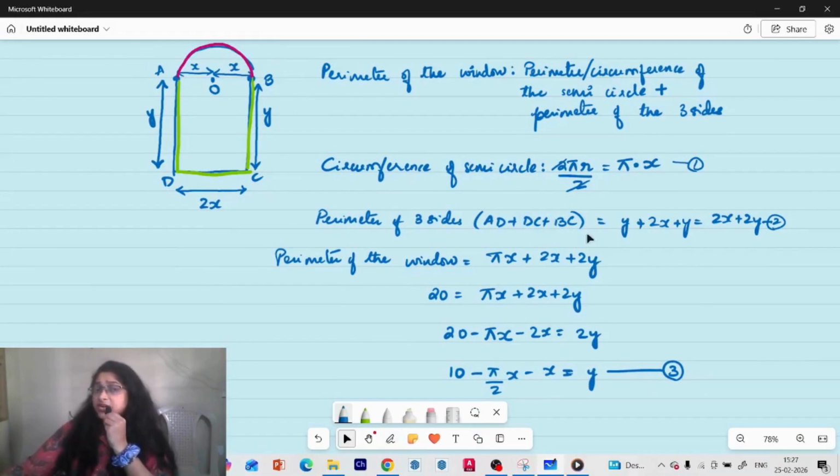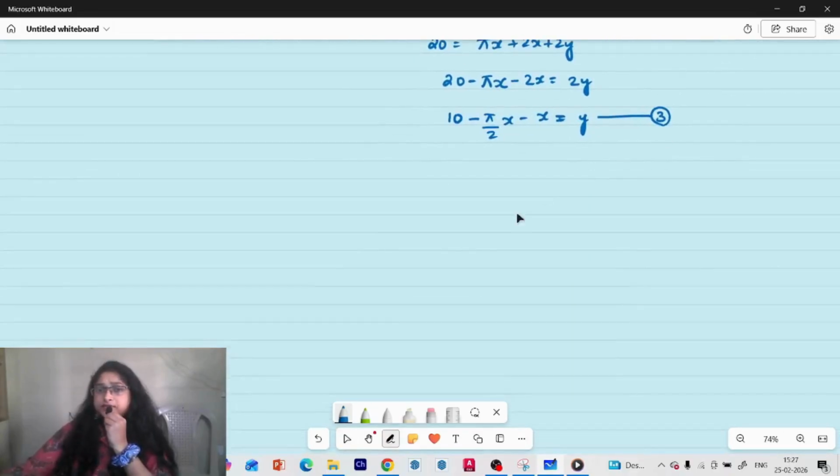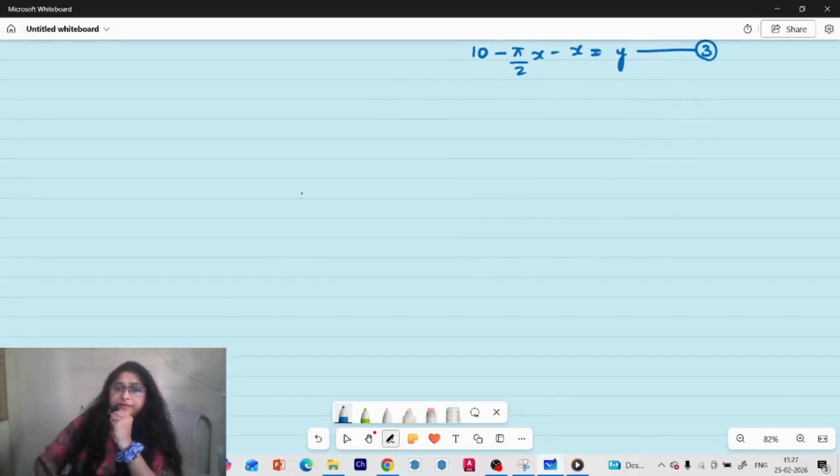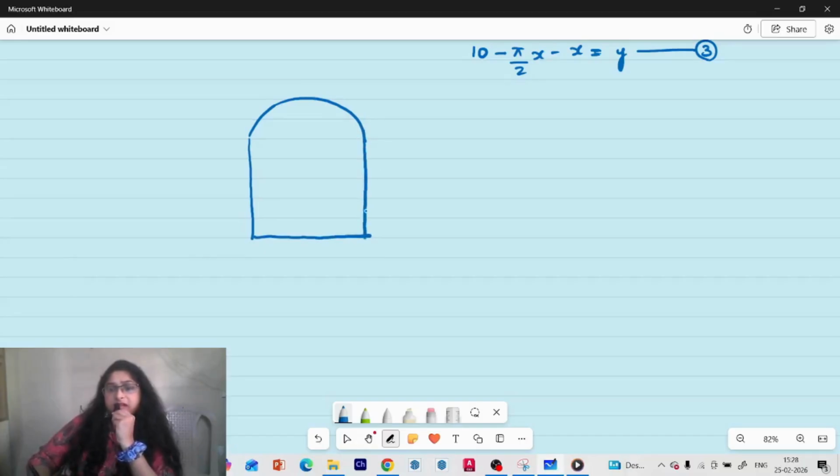So what is the area of this window? Let's do that. If this is going to be our semicircle and the window shape like this, how do we get the area? Okay, this is a dotted line. The radius is x and this is y.